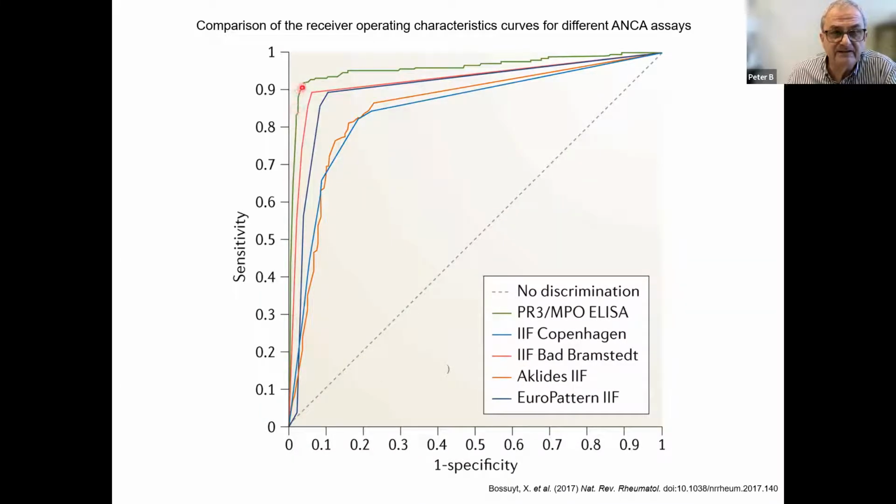It's very sensitive and very specific testing if you take the test on indication. It's better than immunofluorescence, and a modern immunoassay is recommended as the method of choice today for ANCA testing.